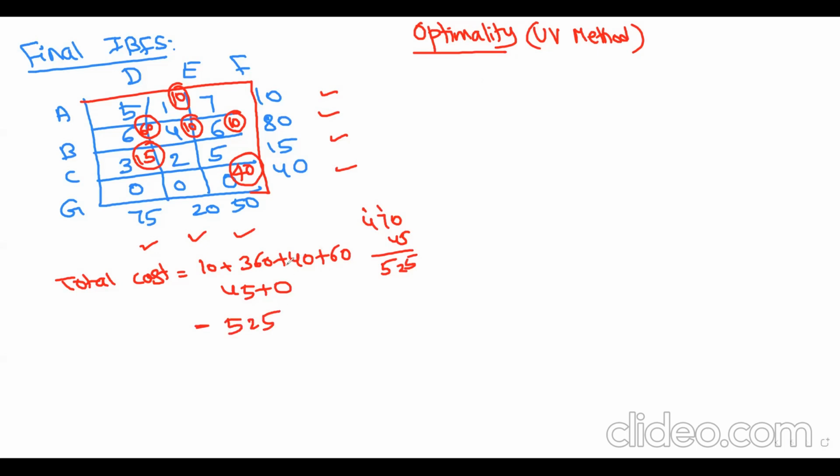This one will continue in the next class. So up to now, I think you understand. I just made the unbalanced problem into a balanced one. It's enough for today. The next class will continue. Thank you.